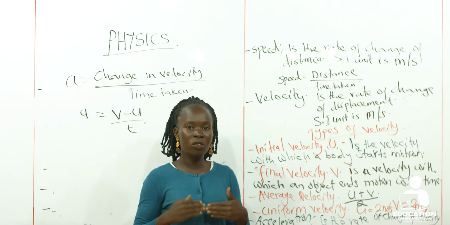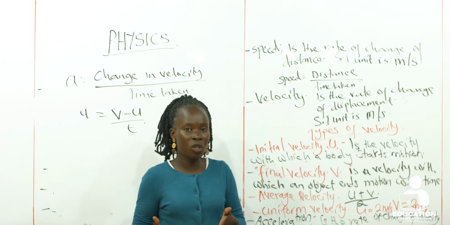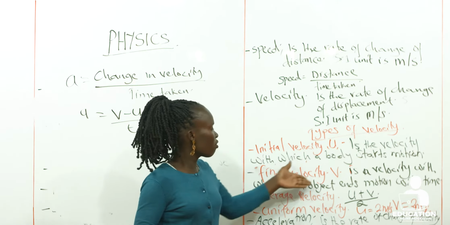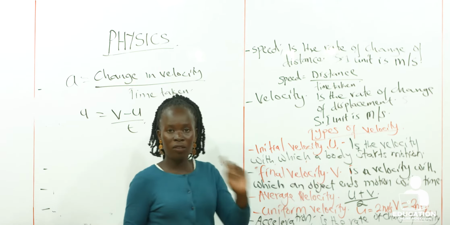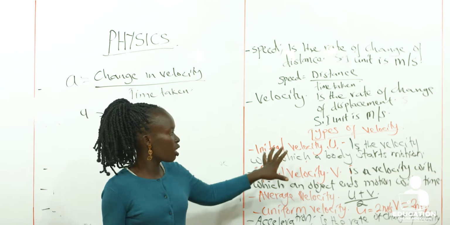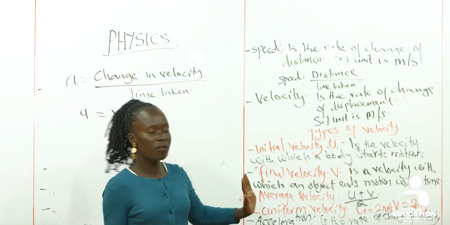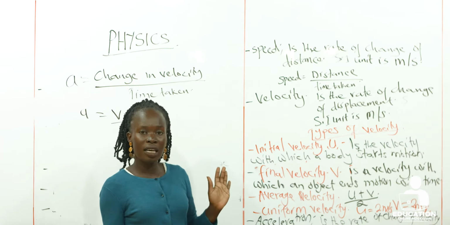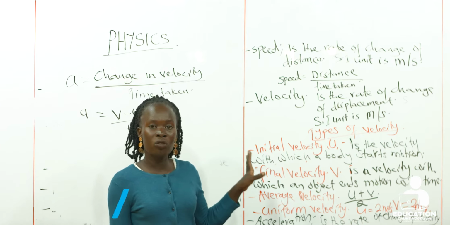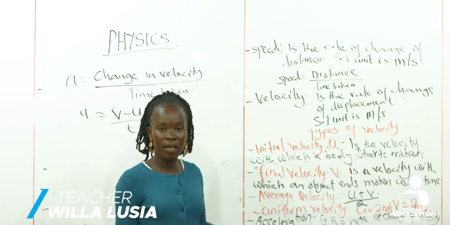In other equations of motion, it will not give you final velocity in full, but will just carry the letter v. So you shouldn't get confused by the letters. You should get to know them, and also the SI units, because every time we calculate, we need to know what units to give the measurement we are getting.